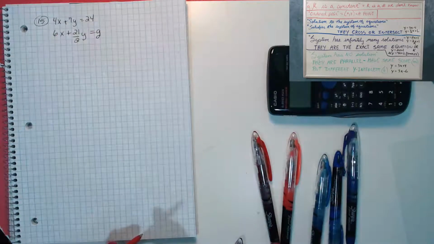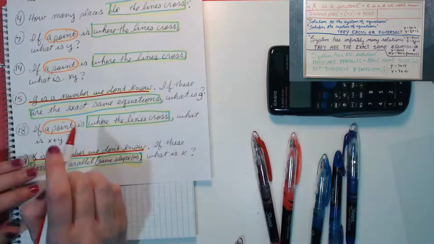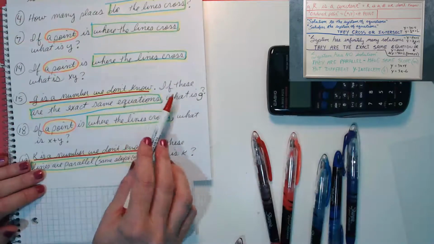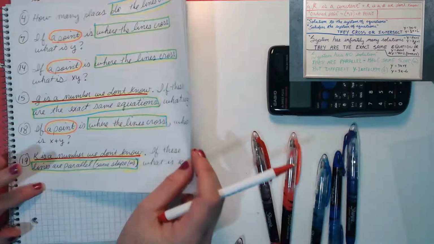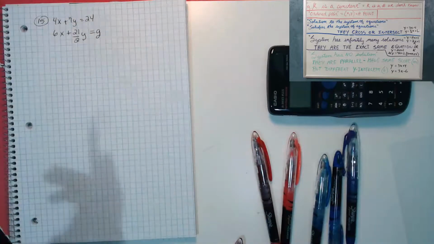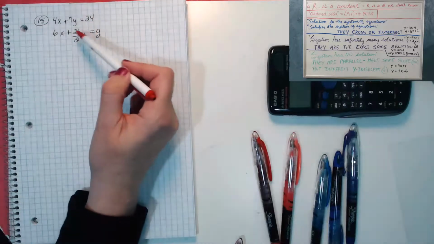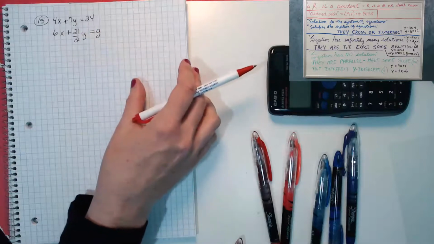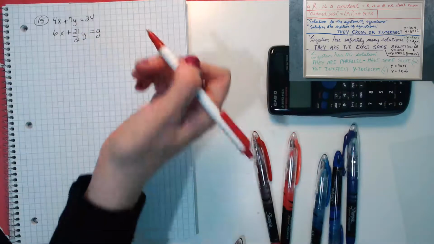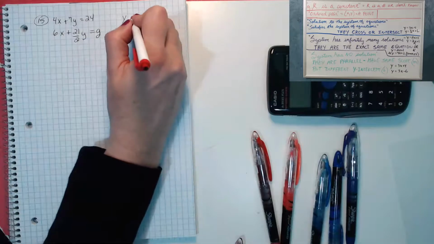Okay, 15. In a system of equations above, g is a constant. If the system has infinitely many solutions, what is the value of g? So 15, we're saying g is a number we don't know. If these are the exact same equations, what is g? Okay, we know they're the exact same equation. They just don't look like it, right? But they are. So the easiest way to prove they're the exact same equation is let's just get them in a simple format.